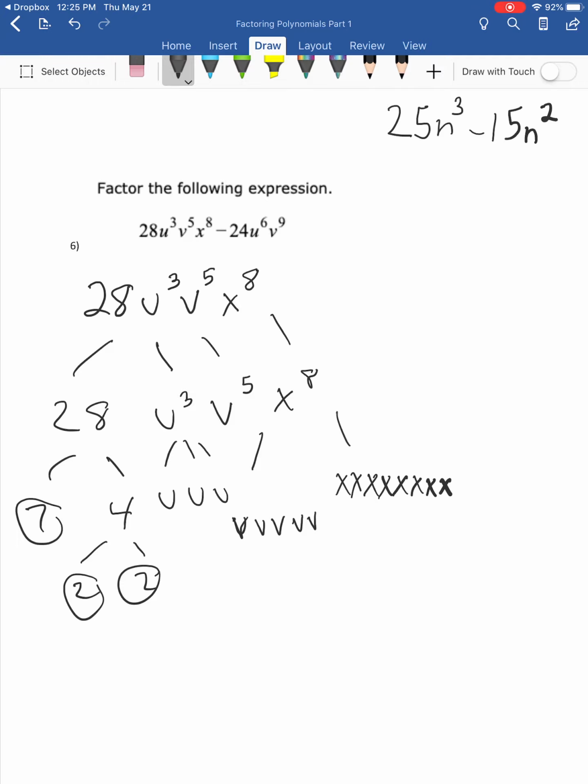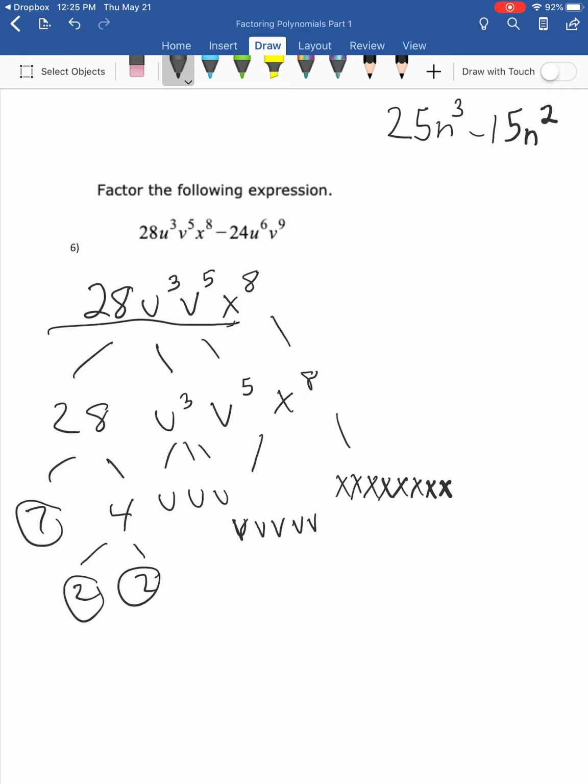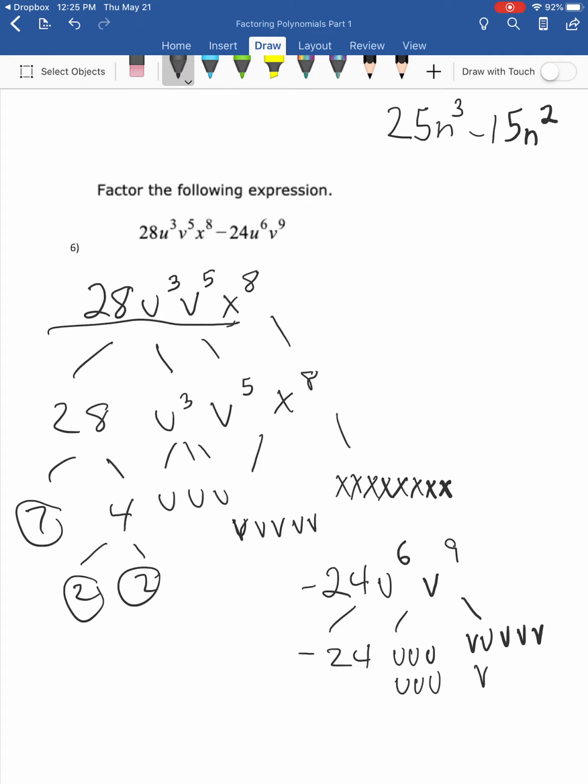All right, and then we have negative 24u to the 6th, v to the 9th. It's going to be negative 24, u, v, v, v, v, v, and 1, 2, 3, 4 more v's.